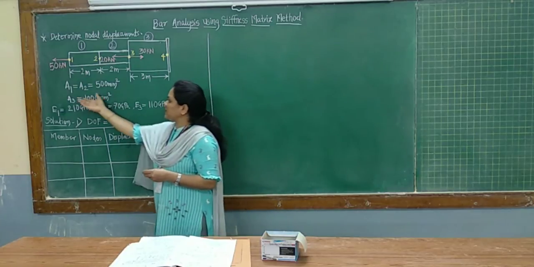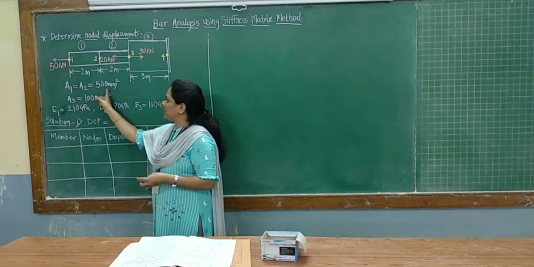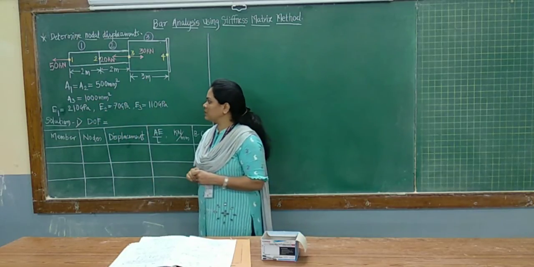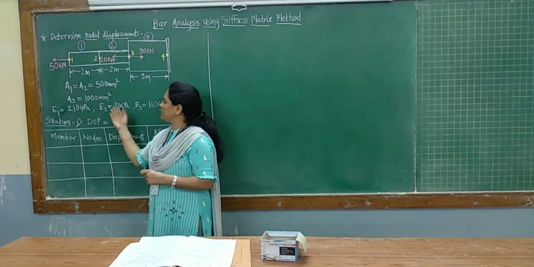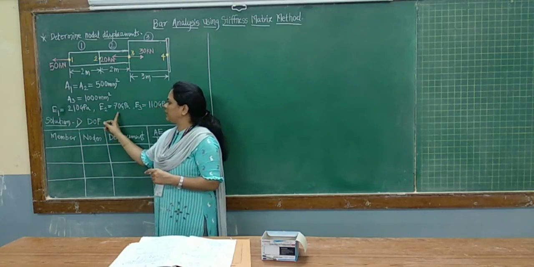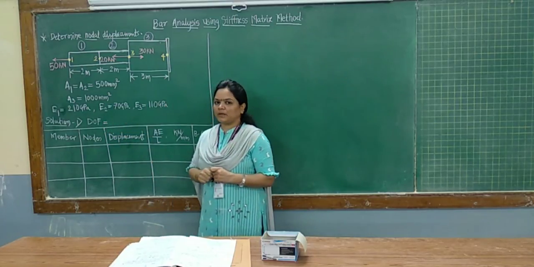The parameters are given here. The area of the first and second members is 500 mm square, and the area of the third member is 1000 mm square. Young's modulus for the three elements is given as E1 210 GPa, E2 70 GPa, and E3 110 GPa.